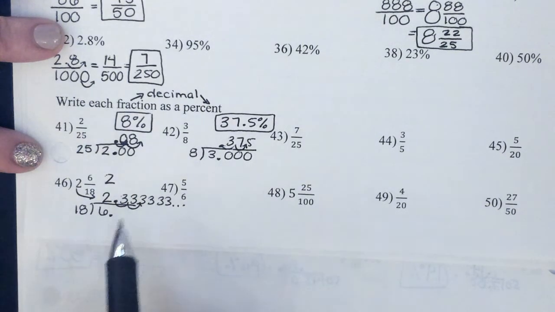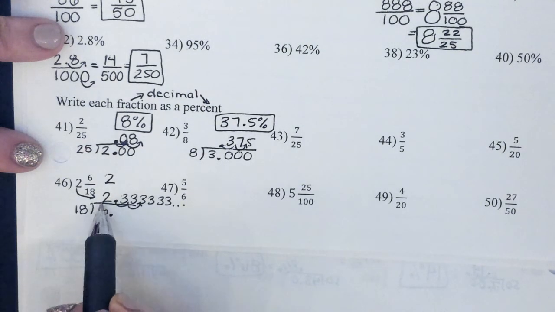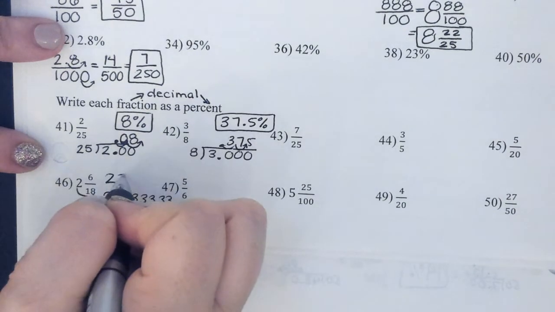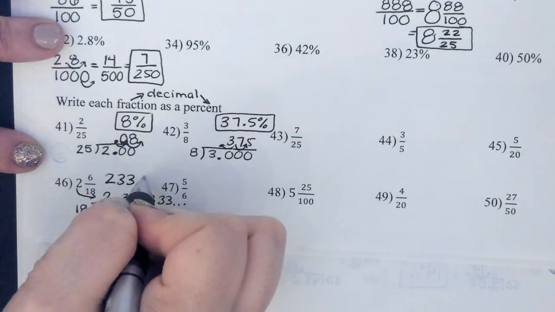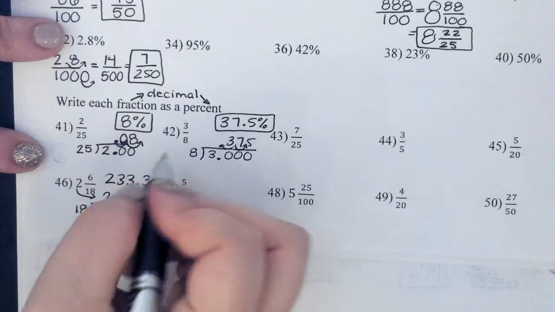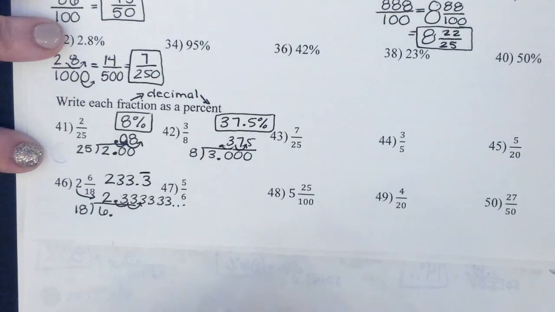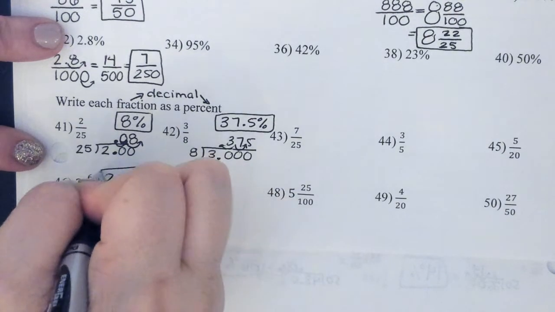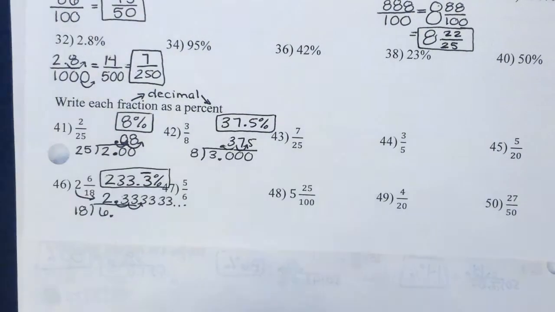Okay, so you're close. Remember, this decimal moved, so it's not there anymore. So this isn't 2.33, it's 233.3, and I don't need the extra 3. We're just going to put 3 with a line. Perfect job. Okay? All right, excellent job. We just didn't need the extra 3.